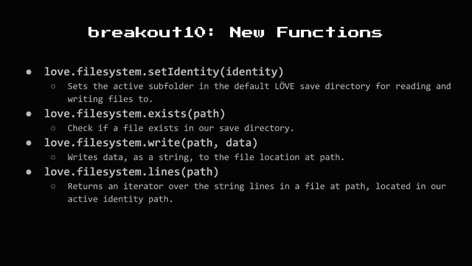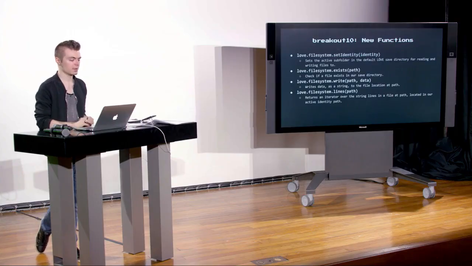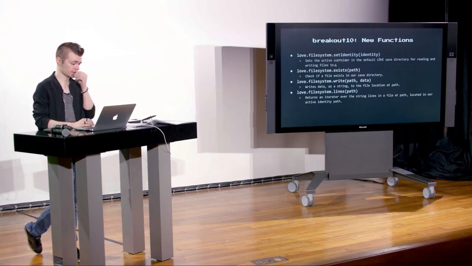There are a few exceptions as to how to not use that directory, but it assumes that you're always using that directory. It's like app data local on Windows and application support and the name of your application on Mac. But it's a subfolder that Love has read and write access to for files on your file system.